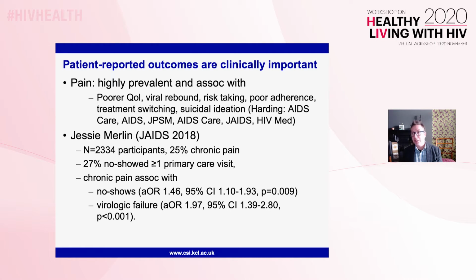We've identified that in a number of cross-sectional studies. The work by Jesse Merlin in the US has also identified that among the HIV outpatient cohort, 25% had chronic pain, and that's associated with no-shows for at least one primary care visit. And chronic pain is associated with both no-shows and virologic failure. So these are outcomes that matter.